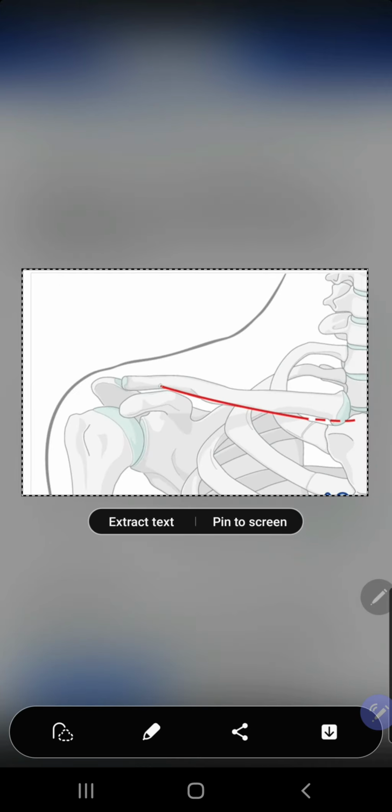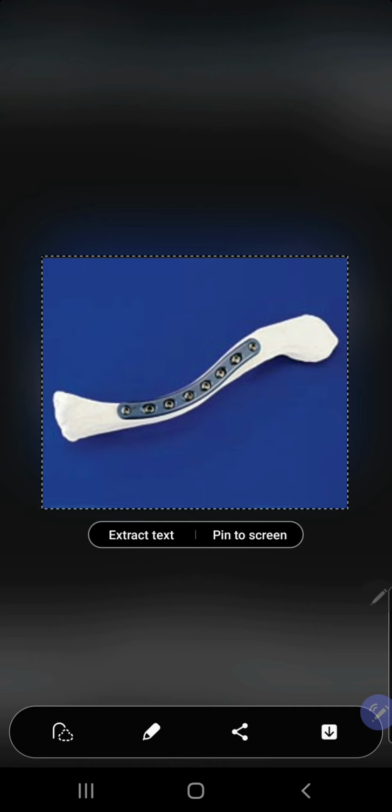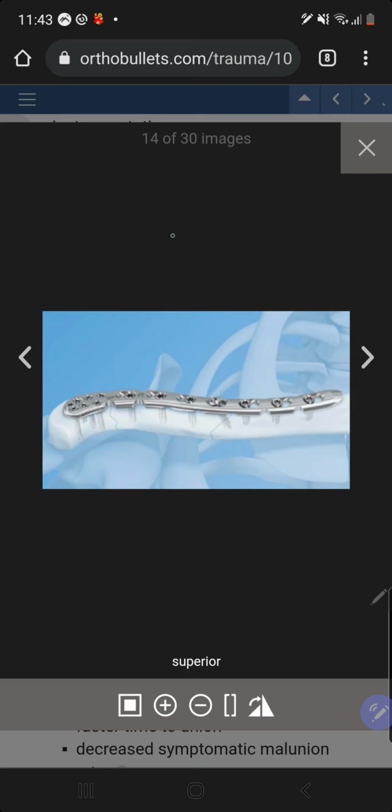The other approach is anterior and inferior to the clavicle. This is used if you want to do an anterior plate. Position of the patient during approach to the clavicle could be beach chair position, which is 45 degree semi sitting position, or supine position. After reaching the clavicle, the implant could be a dynamic compression plate, 3.5, or 3.5 recon plate, or 3.5 locking plate.